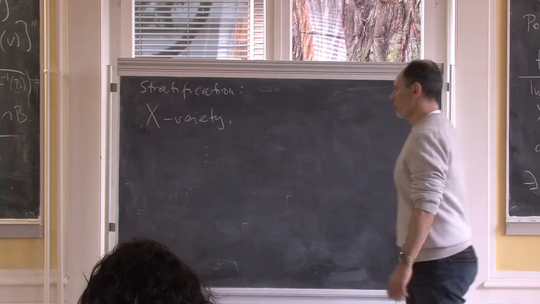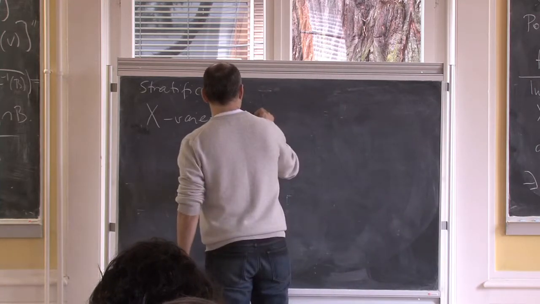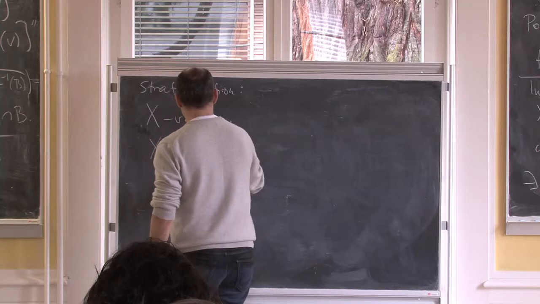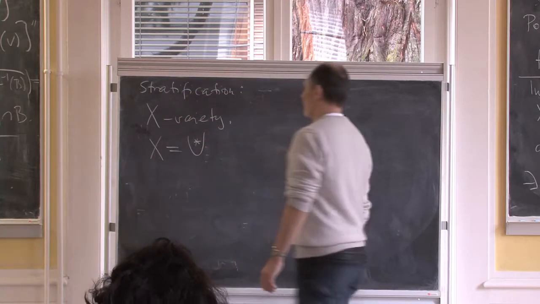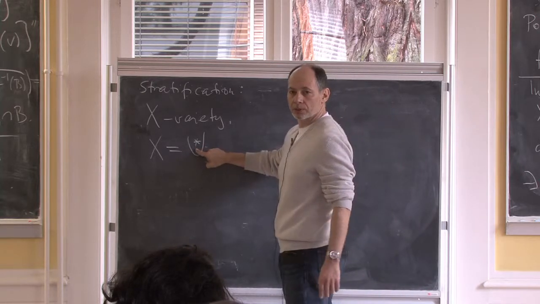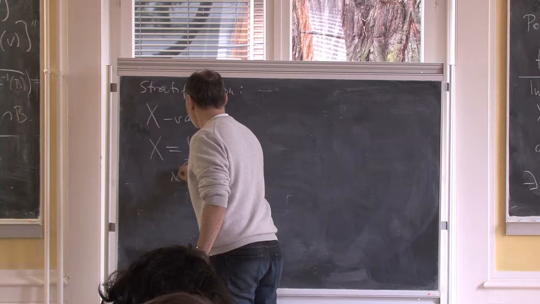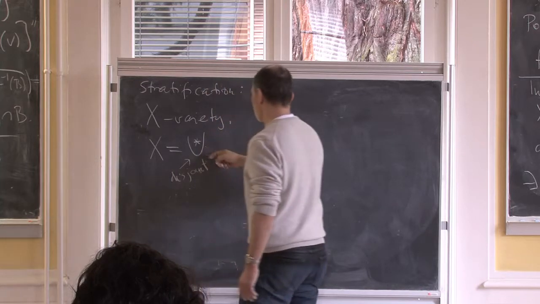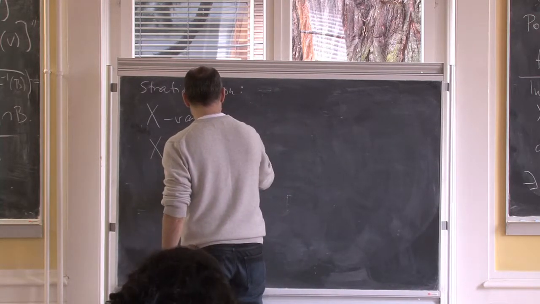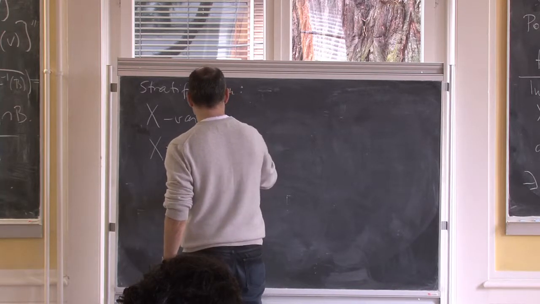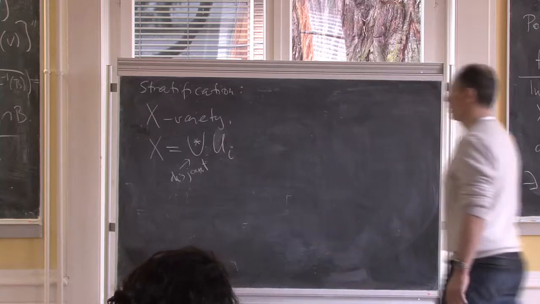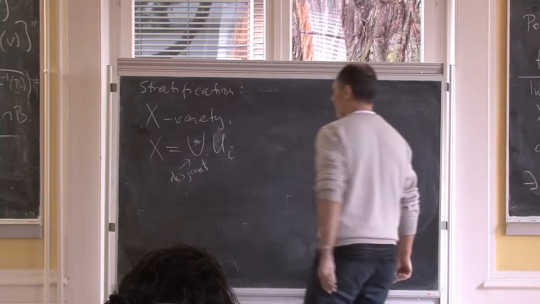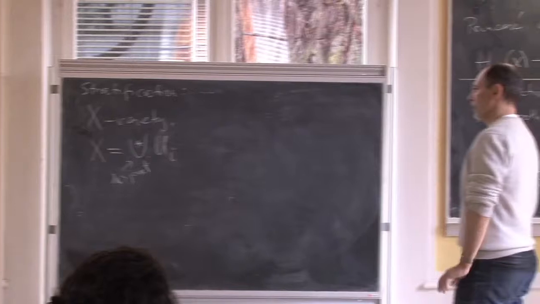And stratification is the following: X is just going to be a disjoint union of sets U_i which are quasi-projective subvarieties, or just subsets if you like.